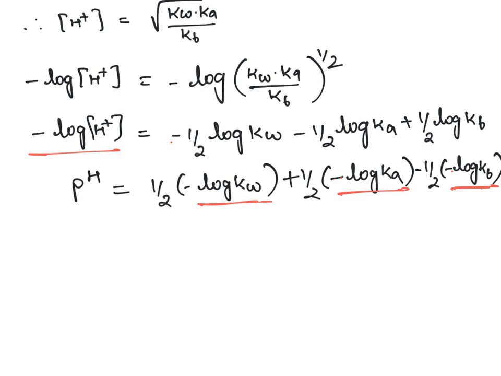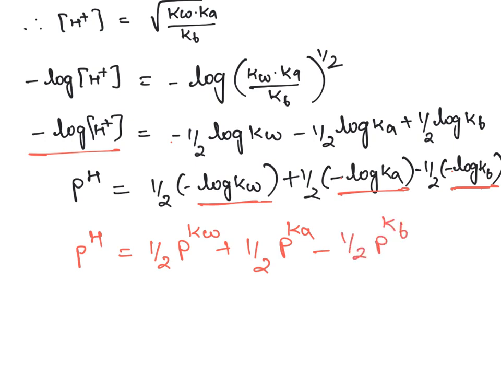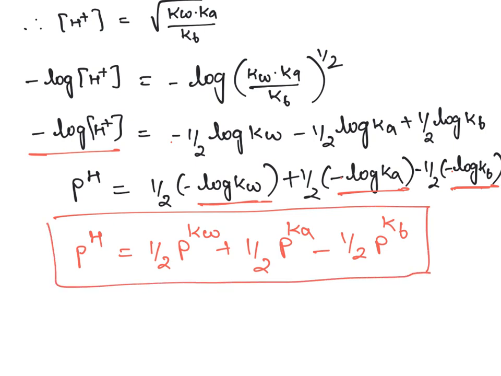Therefore the final expression: pH equals 1 by 2 pKw plus 1 by 2 pKa minus 1 by 2 pKb. This is the pH expression for a salt of weak acid and weak base.